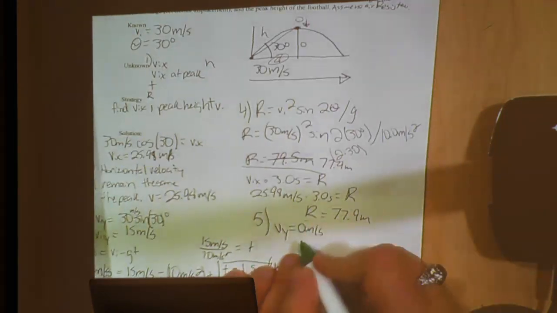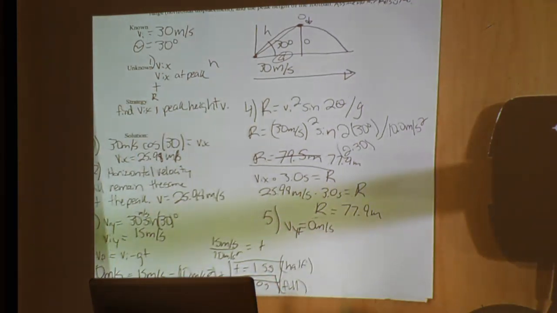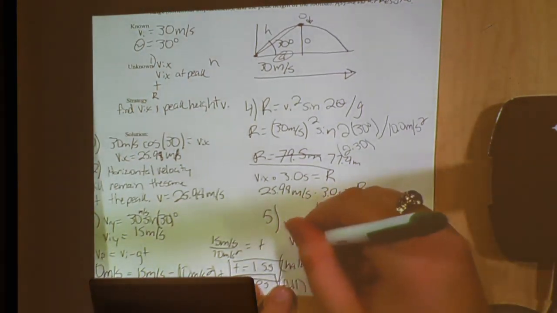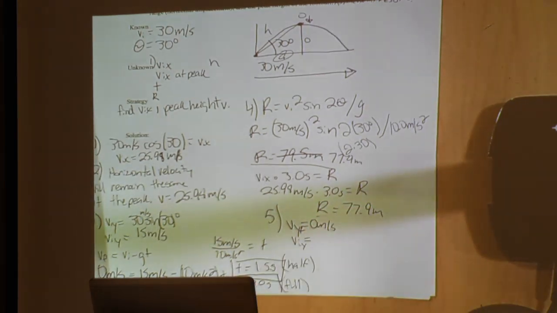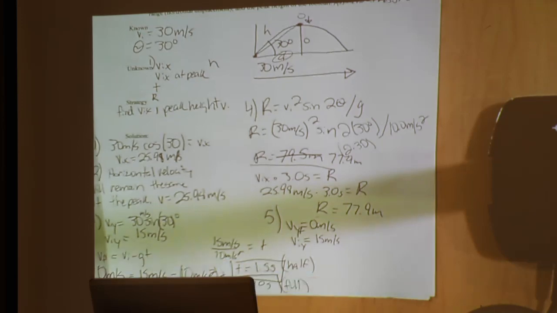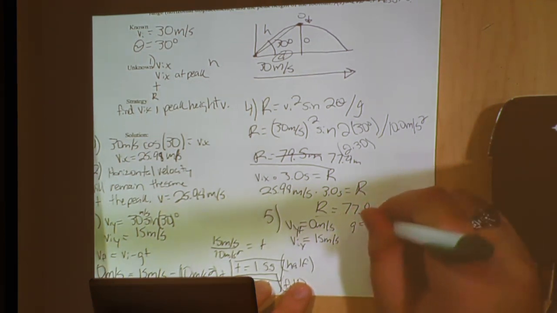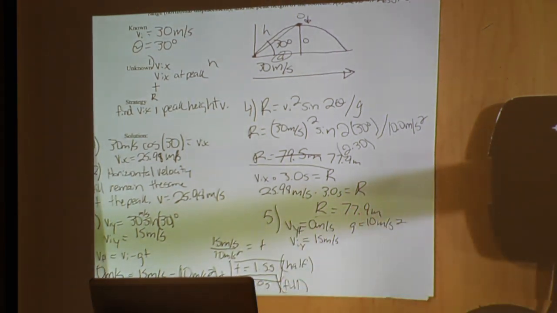So we have our final velocity is going to be 0 meters per second. Our initial velocity is what? 15 meters per second. What else do we have? So the other thing in there is g equals gravity, so 10 meters per second squared, and we can just plug it in.